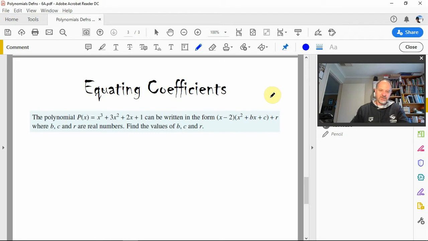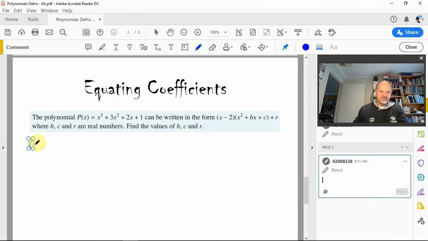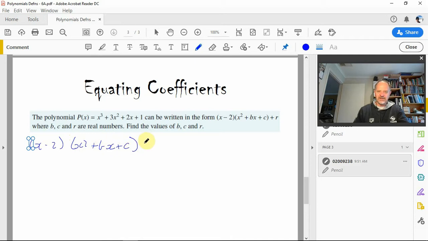All right, so what do we have to do? So p of x, I'll bring that in later. This one here first of all, x minus 2, x squared plus bx plus c.